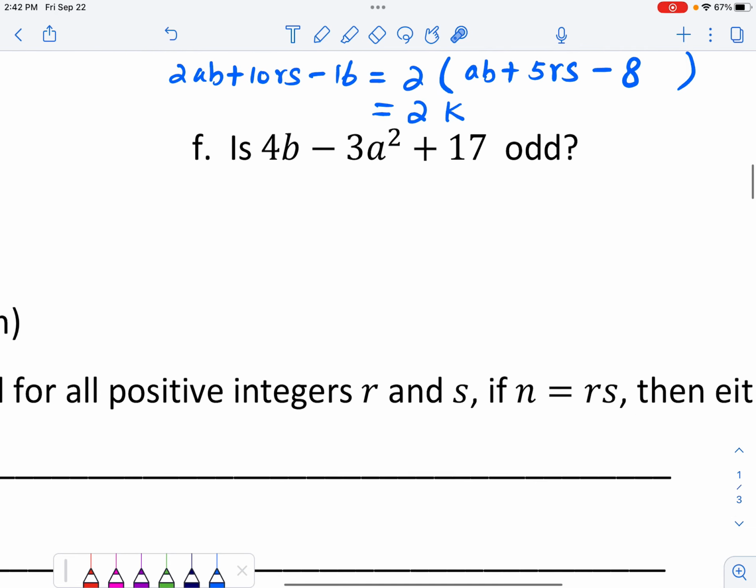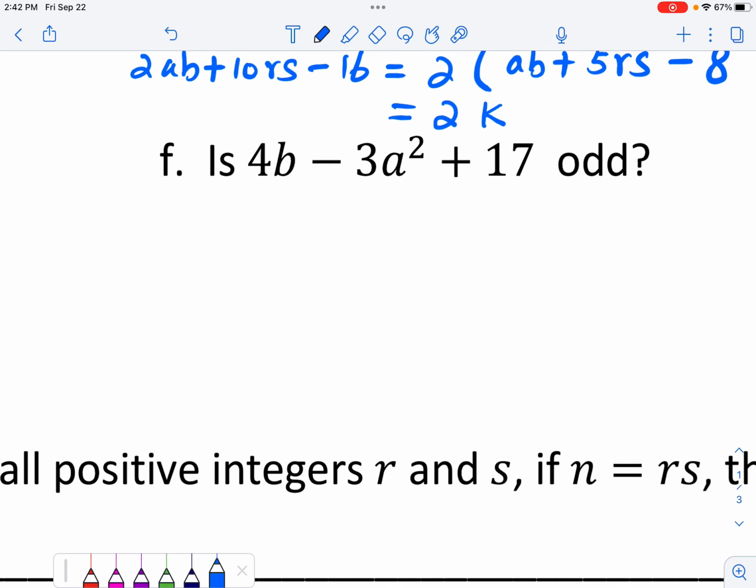Now the last one. Sometimes it takes a little trial and error. In this particular case, suppose b is 1 and a is 1, then you can see this whole thing becomes 4 minus 3 plus 17, which is equal to 18, which is even, right?